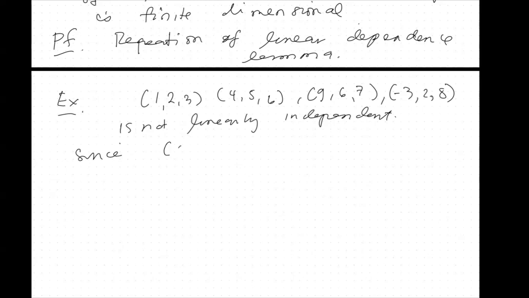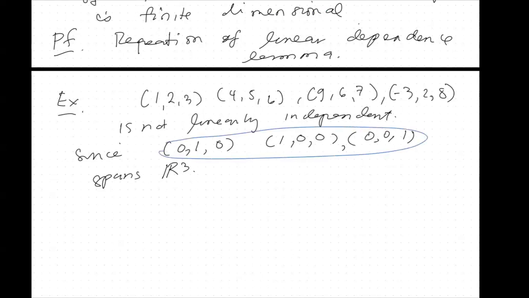Since (1, 0, 0), (0, 1, 0), (0, 0, 1) spans R3, the cardinality of the spanning list is just 3, and no list larger than 3 is linearly independent.